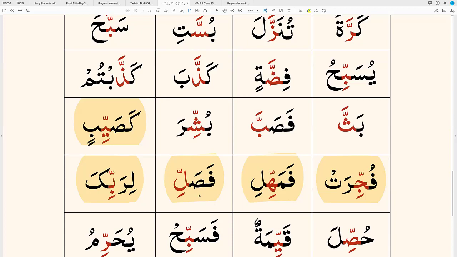Well done. Okay. You've made all the right sounds, but remember with mushaddad letters, there is a join. And the vowel letter and the mushaddad letter have to join. Sol. Well done. Solli. Fasolli. Well done. That was perfect. Next one.